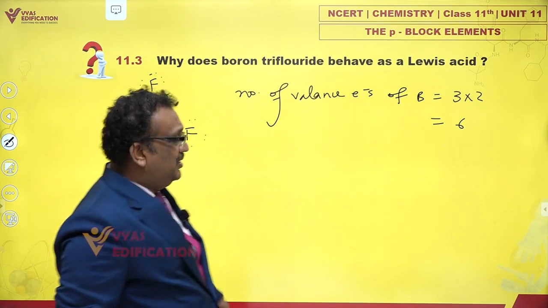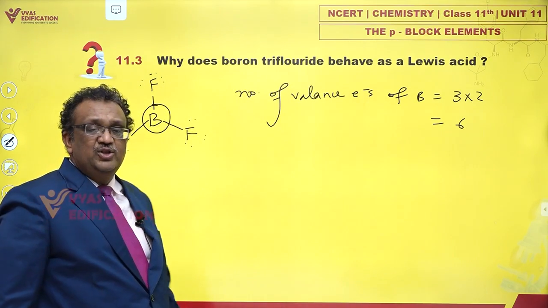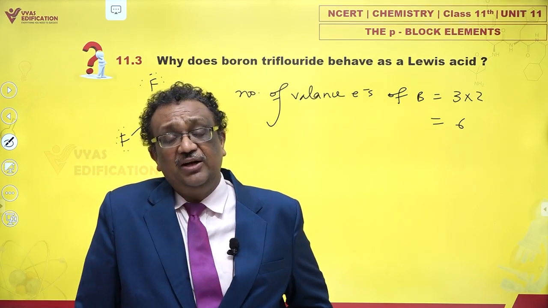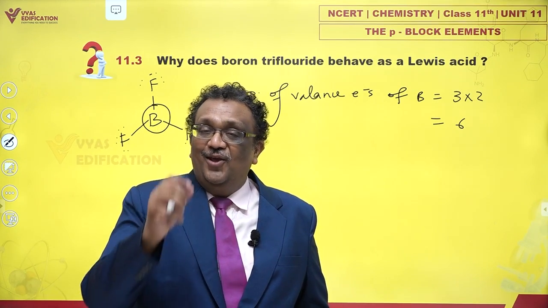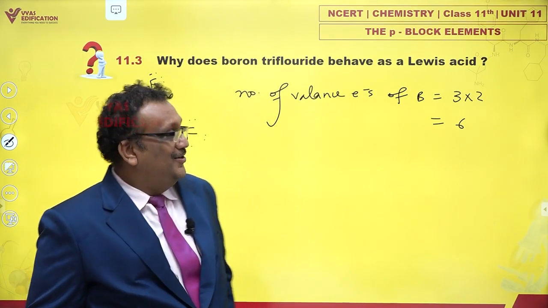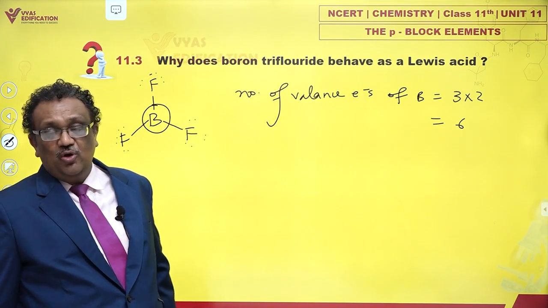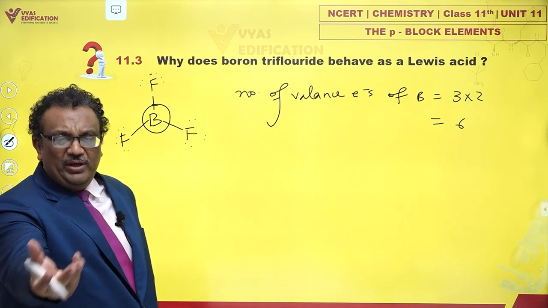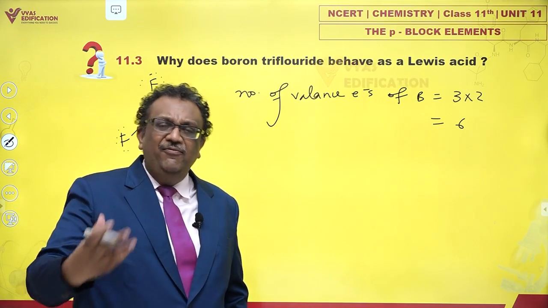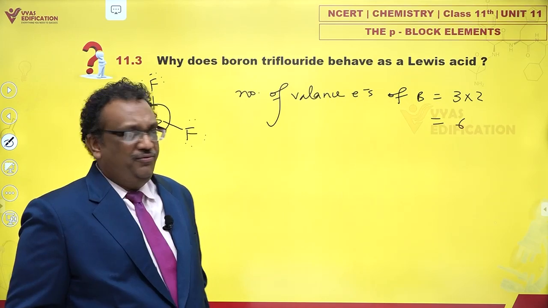Why 3 into 2? There are 3 bonds and each bond contains 2 electrons. So it has 6 valence electrons, but the octet is incomplete. So in order to complete an octet of electrons in its outermost orbit, boron would love to accept 2 electrons if anyone happens to give an offer.